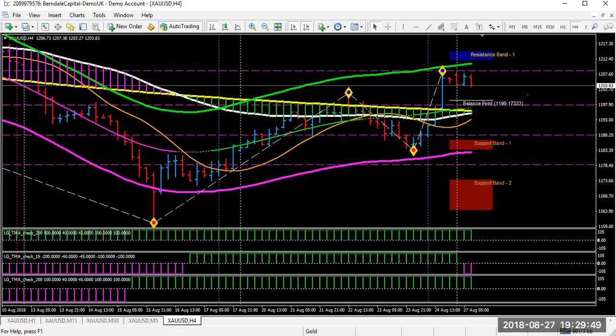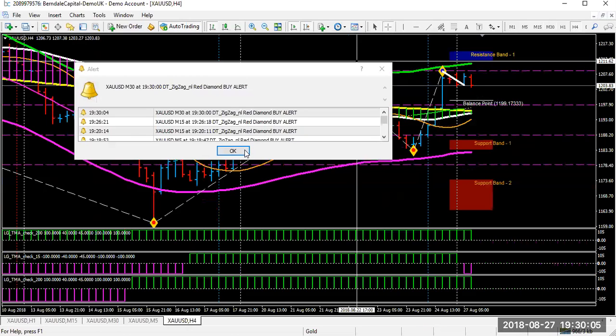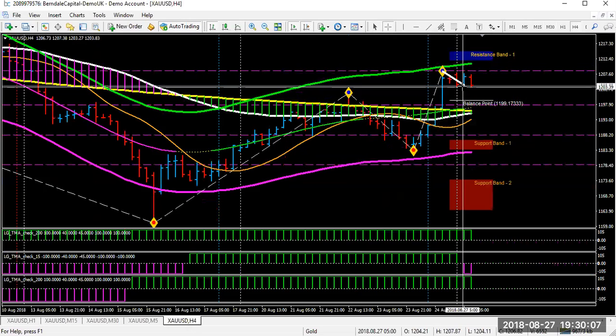Okay, and here we see that when it does hit the threshold of one of these diamonds, there's a good chance it wants to come down. So that's why we take profit when we do get these diamonds and they've reached a threshold where it causes the white dotted line.